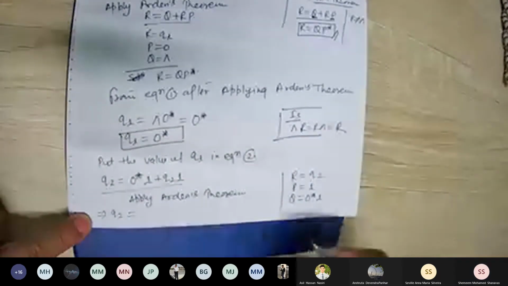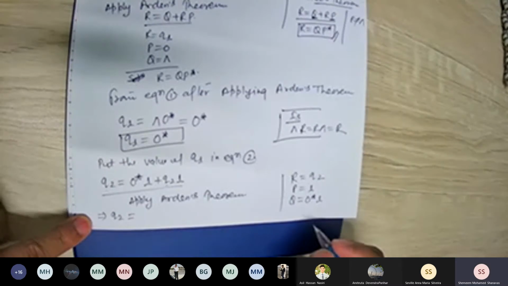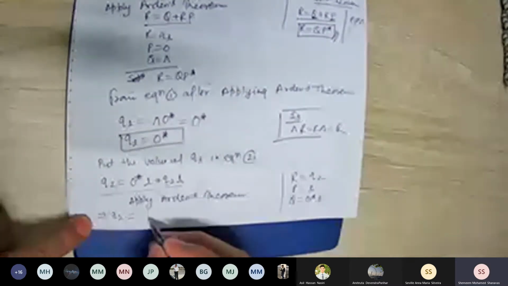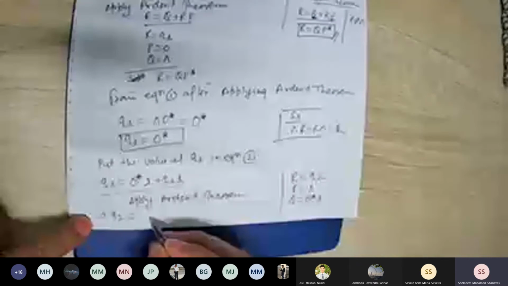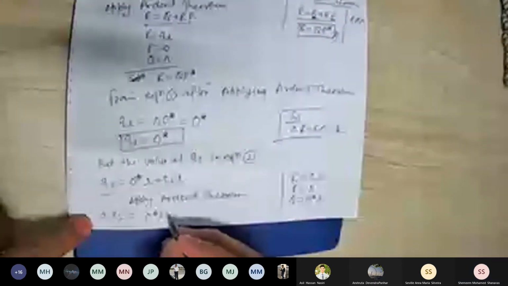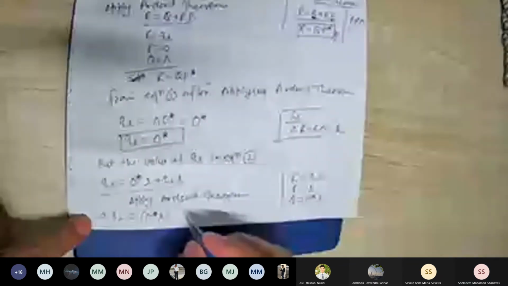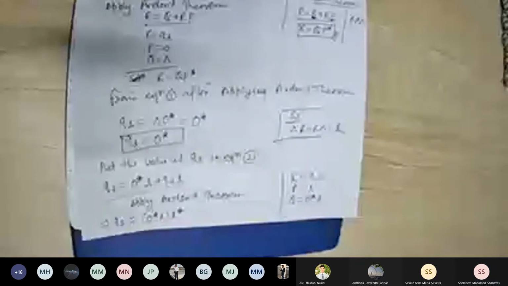Q2 equal to, R equal to QP star. What is Q? Sir, 0 star 1. 0 star 1 and P star, P value is 1, so 1 star. So you'll get this or not? Yes, sir. Now you got Q1 and Q2. Do we need to calculate Q3 here? Do we need to find the value of Q3 here?